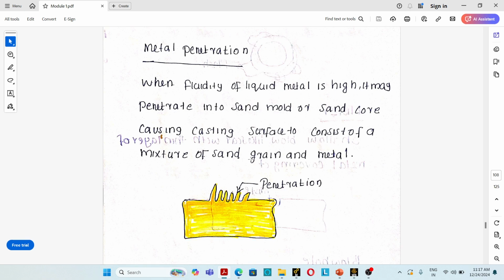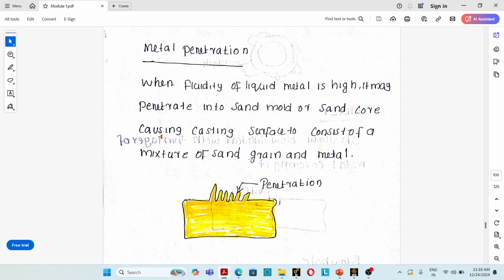The fifth defect is metal penetration. Metal penetration can be seen as an irregular portion over the surface of a casting. The reason is that if the liquid metal has high fluidity, it will penetrate into the sand mold or sand core.